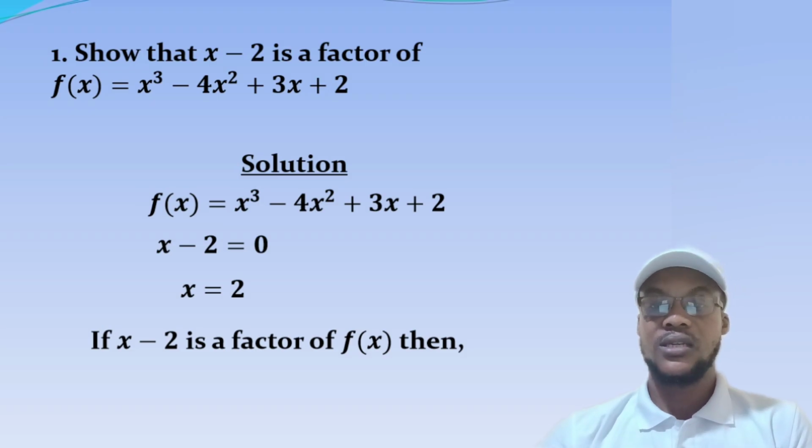If x minus 2 is a factor of f of x, then f at 2 should be equal to 0.